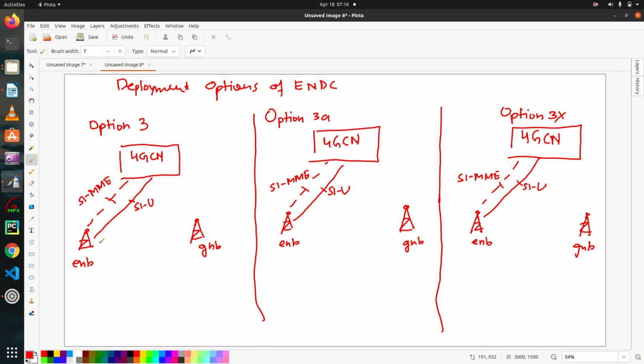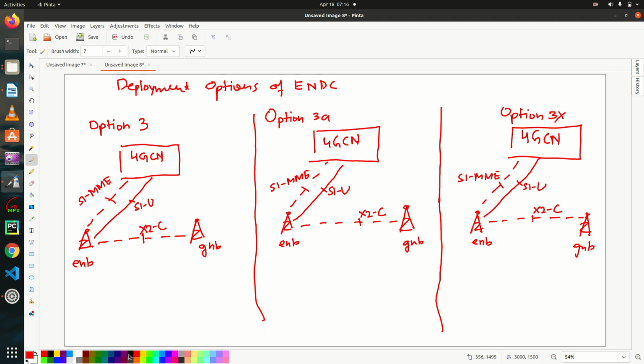The next interface which is common in all the architectures is X2C, because here the 5G base station is not going to interact with the 4G core node. Whatever functionality or information it needs, gNode B will first convey that information to eNode B, then eNode B will proceed with the 4G core node. So X2C will always be available.